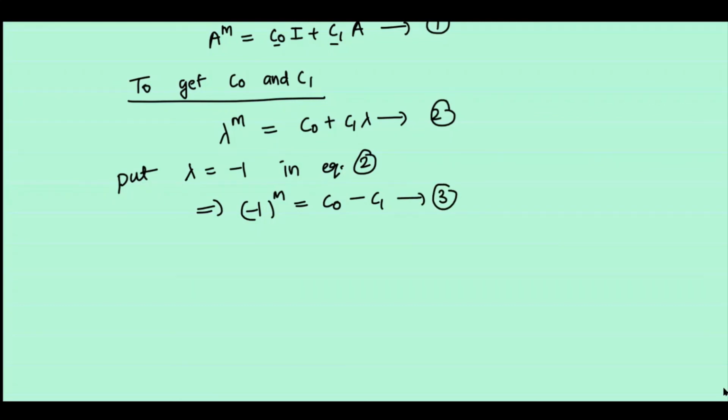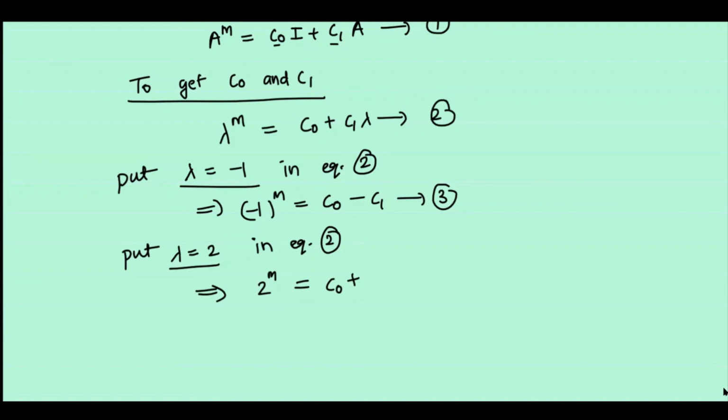Now our next eigenvalue is lambda equal to 2. So put lambda equal to 2 in equation 2. So in equation 2, if you put lambda equal to 2, we will get 2 raised to m equal to C0 plus 2C1. Mark it as equation number 4.